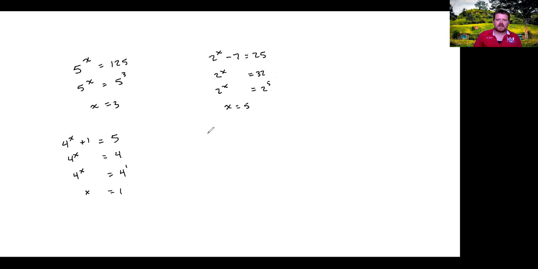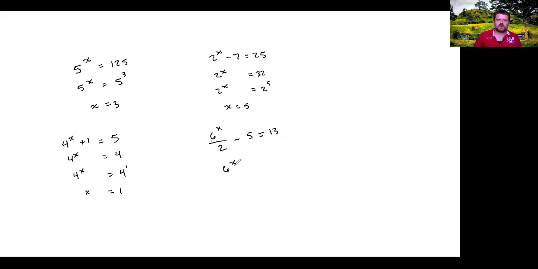I could give you something that has more than one step. Let's change this to 6 to the x over 2, minus 5 equals 13.